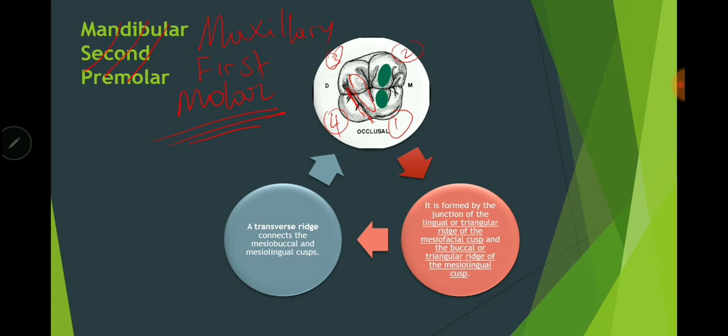There's no need to cross it, okay? Unless there's really too much decay over there, that's when you say, okay, let me cross it. But most of the time, you just leave the oblique ridge intact, and then you prepare the mesial portion and then the distal portion.